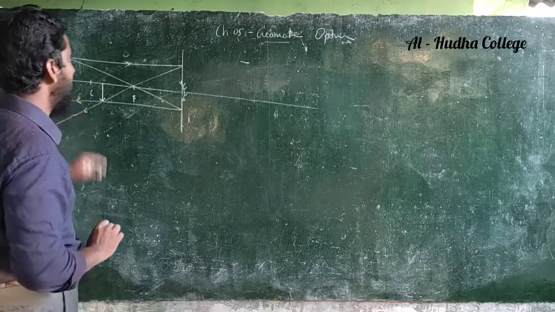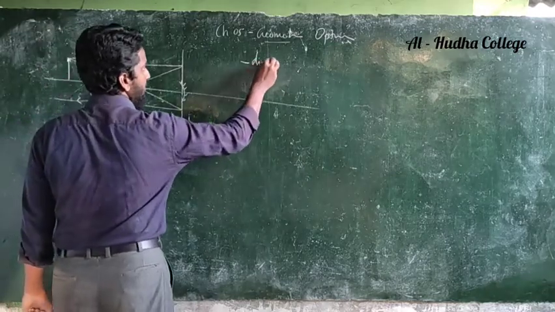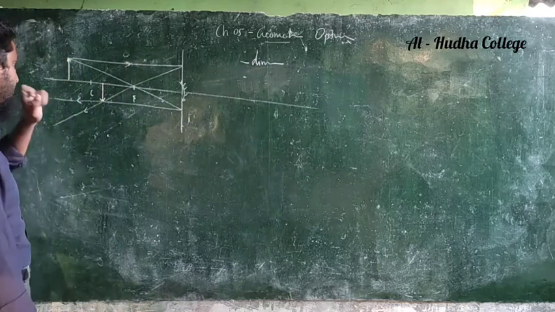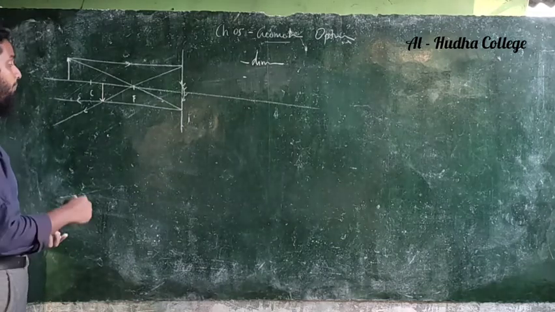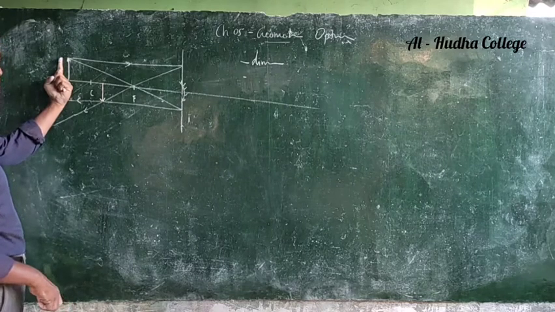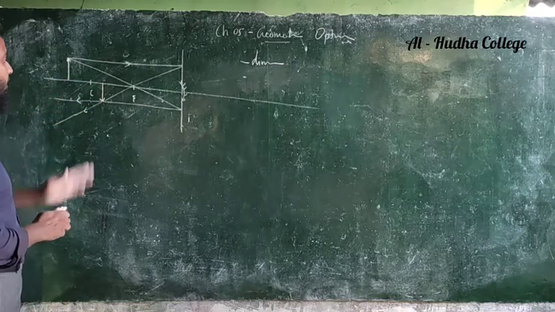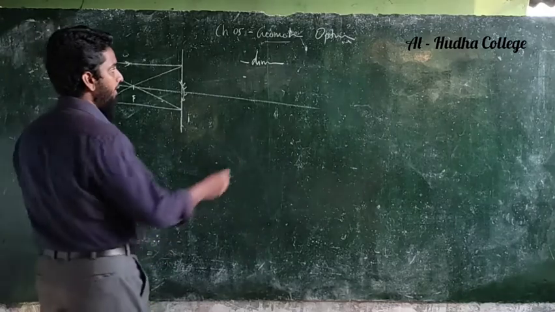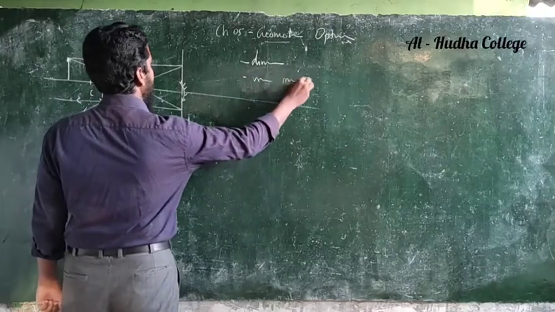Now we can consider the characters of this image. The first character, size, is diminished. The second character is the appearance. This is the original position of the object, but you can see the image right in front of the mirror somewhere here, which is vertically, sorry, vertically inverted.